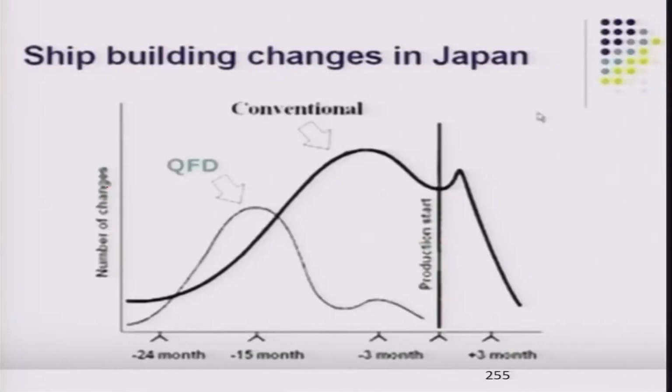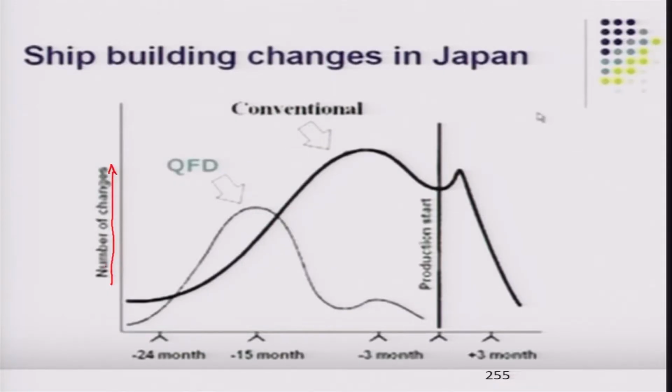So QFD actually started from the shipbuilding industry, where they learned that if the customer aspiration could be taken at the very beginning of the product, then the production date doesn't get shifted too much, and there are not many production delays and post-production problems which otherwise would start happening if you design in a conventional manner. Here is an illustration of how improvements got registered in the shipbuilding industry because of QFD.